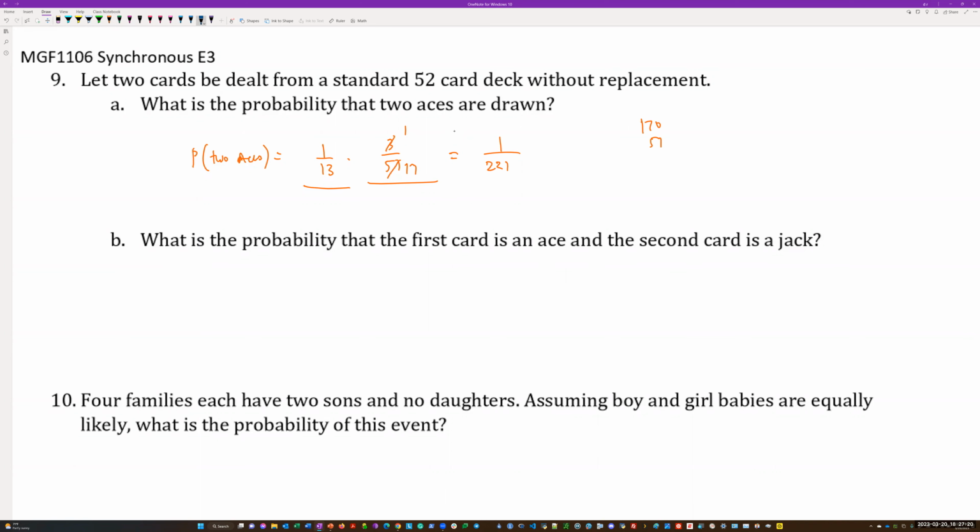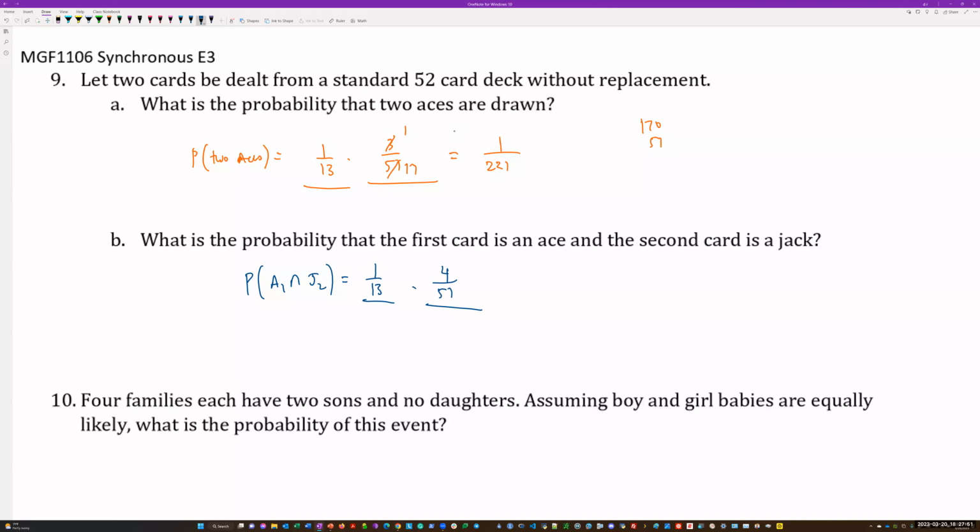What's the probability the first card is an ace and the second card is a jack? You get what I'm saying though with the slots, right? 2 slots, right? 1 out of 13. Then 4 out of 51.